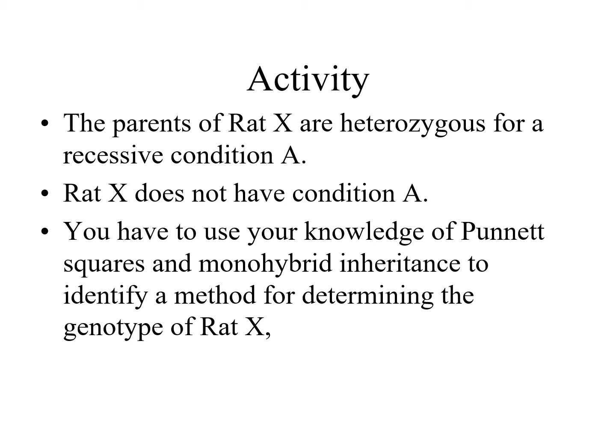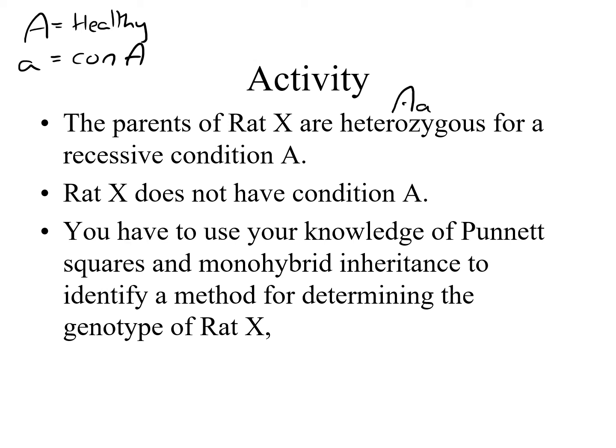So in this particular case, we have the letter A already chosen for us, and it says that condition A is recessive. Therefore, we can say that the capital A means you're going to be healthy, and if you have lowercase a, then you will suffer from condition A. If we then say that the parents are heterozygous, we know that all the parents must have one uppercase and one lowercase letter.